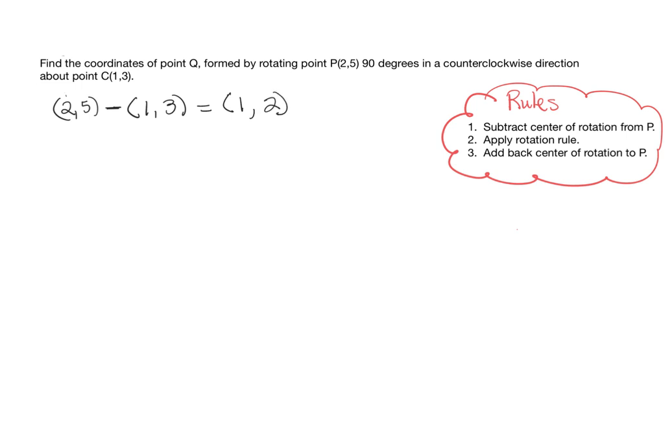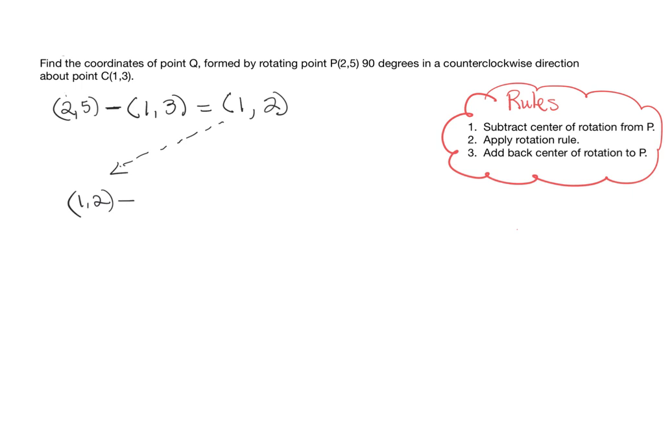Now that's not the answer, but now we're going to take that 1, 2. So subtract the center of rotation from P, that's what we just did. Now we're going to apply the rotation rule to this. So it's a 90-degree rotation, and I know a 90-degree rotation is negative y, x, right?